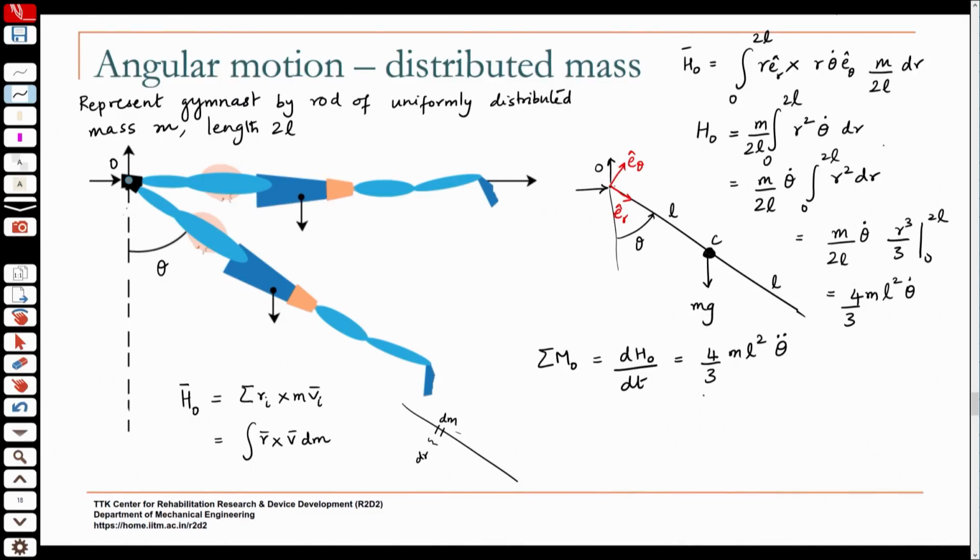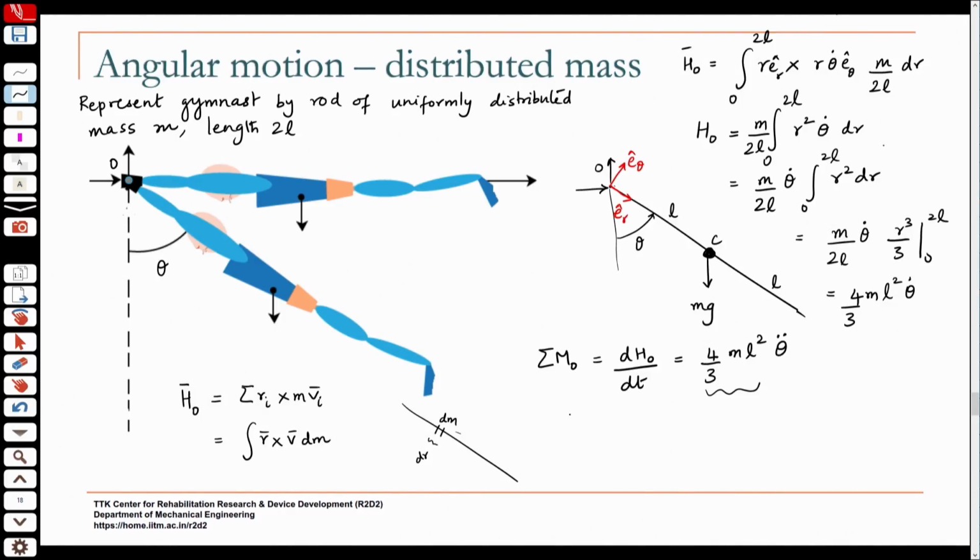Okay. Now, let us see whether this is your familiar I alpha. You have this rod of length 2L.